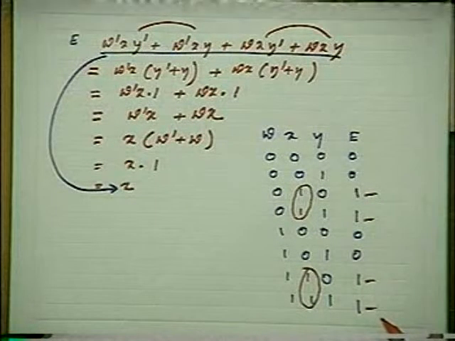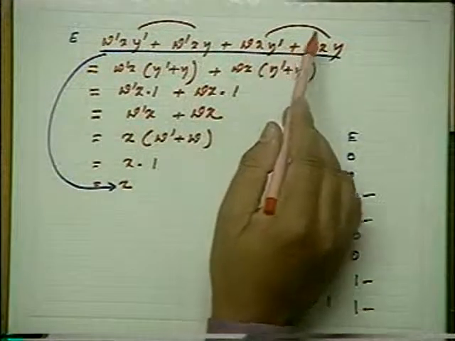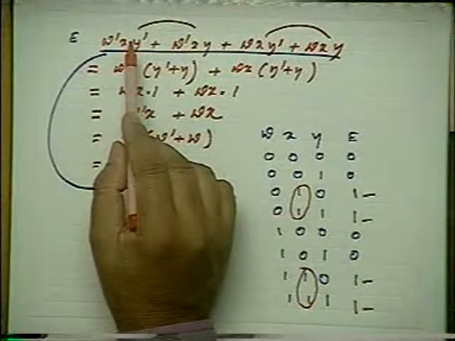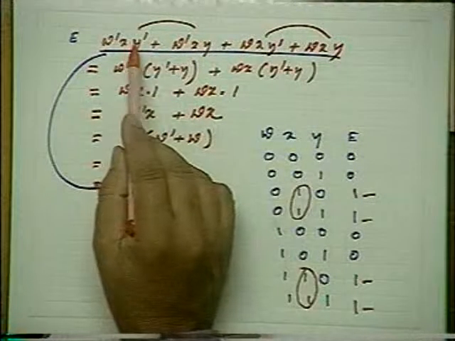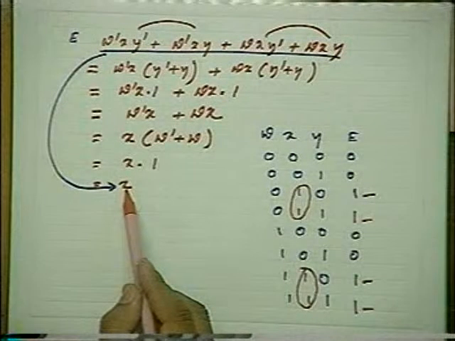Therefore, this expression containing four terms can be converted into an expression containing a single term with a single variable only. Now, this is what we call minimization. There are methods for minimization, very systematic methods. We will come to these methods afterwards.